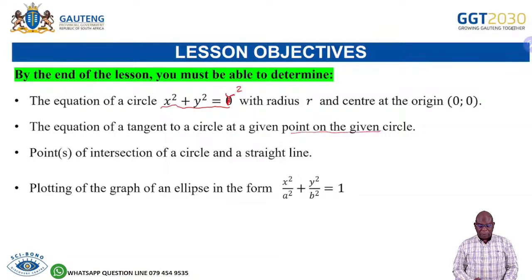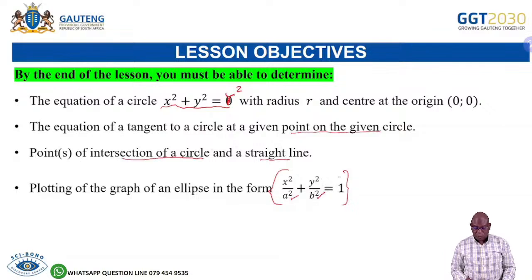We must be able to determine the points of intersection of a circle and a straight line. We must be able to plot the graph of an ellipse in the form x squared over a squared plus y squared over b squared equals 1. So those are the objectives of this lesson today.